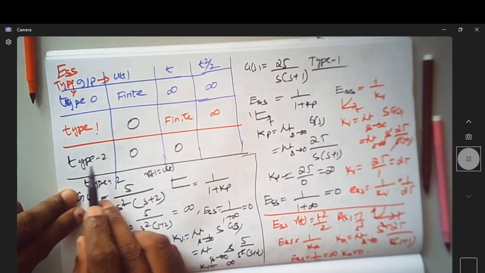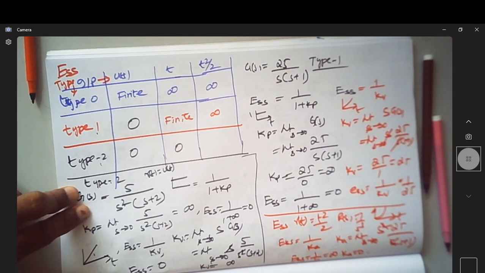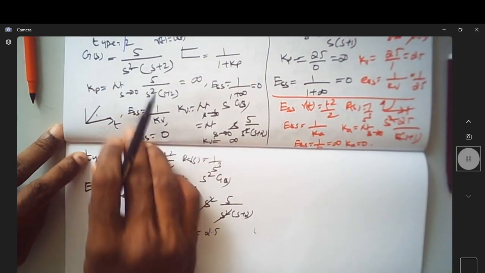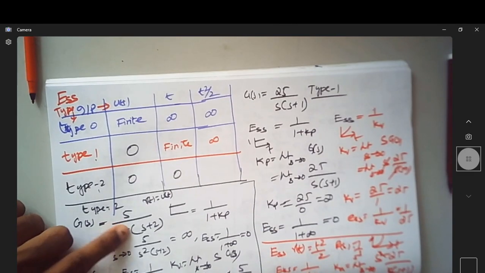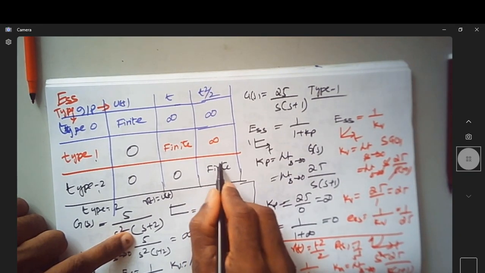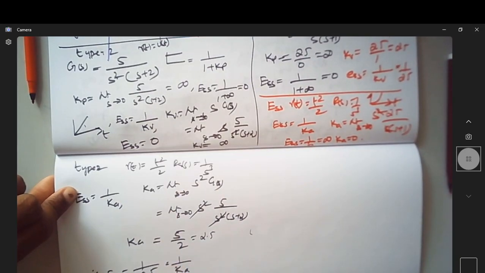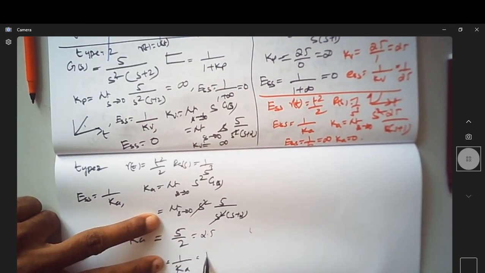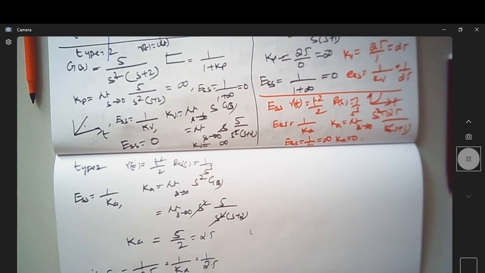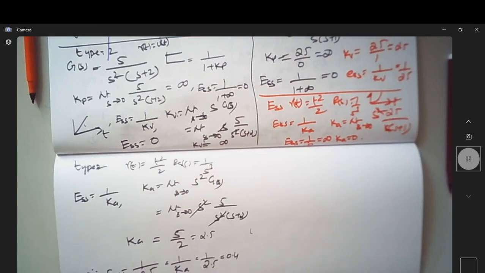So now if you want to fill the table for a type 2 system, which is 5 by s square into s plus 2, you will have a finite error for a parabolic input. Can you see there was a finite error which is 1 over 2.5, which is 0.4. So I have a finite error.